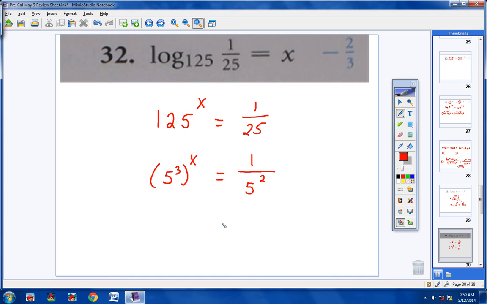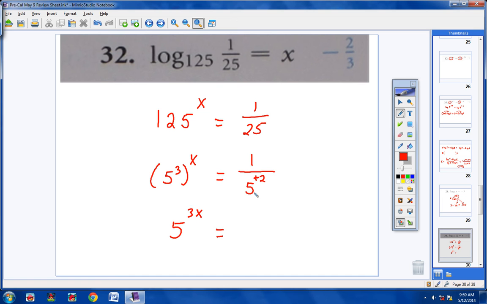Matthew said 5, and he's right. 125 is 5 to the third power. Now you have 1 over 5 squared. He said 5 to the 3x, and he's right. That's exactly right. 3 times x is 3x. Now, over here, you have 5 to the positive 2.